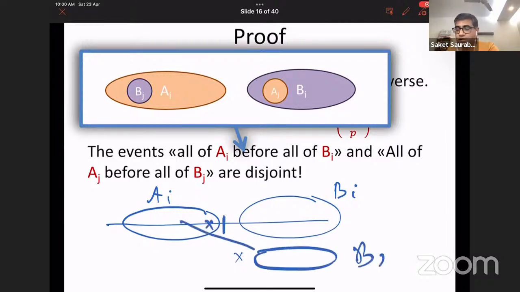It can't intersect. If the last element of AJ is before the last element of AI, then this guy cannot intersect with BI, right? So the same permutation cannot support both all AI occurs before BI and all AJ occurs before BJ, which implies that these events are disjoint.